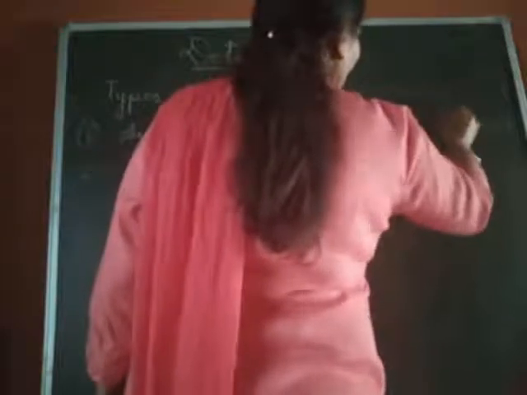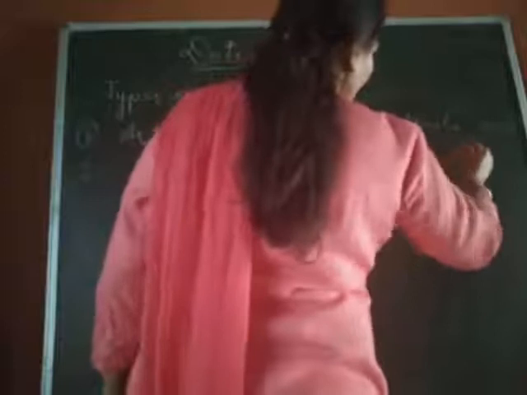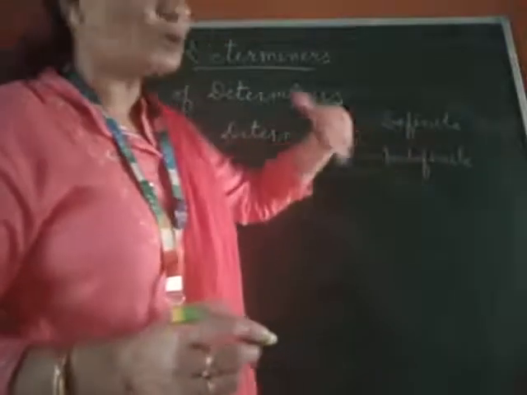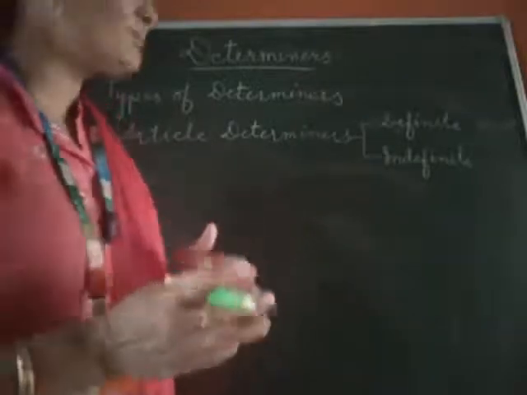Article determiners are of two types: definite and indefinite. There are two types of article, definite article and indefinite article.